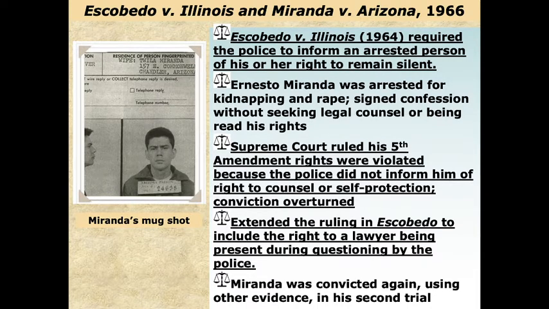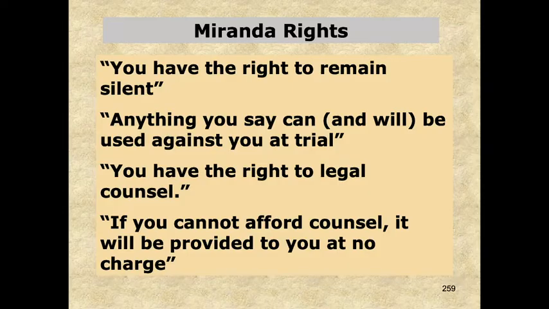What Miranda versus Arizona does is extend what Escobedo versus Illinois had already set up, to have the right to a lawyer being present during your police questioning. Miranda ends up being convicted again because he does another crime later, and they used other evidence to get him in his second trial. But anyways, this is where we get our Miranda rights.